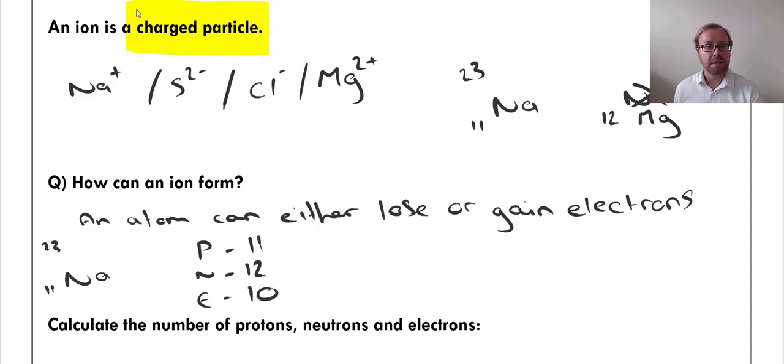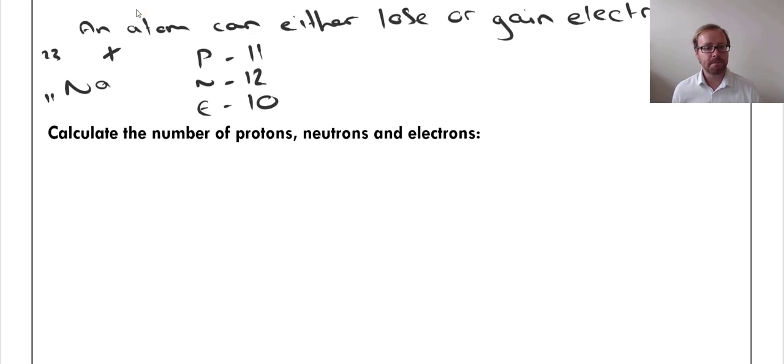Therefore I have 11 positive protons, 10 electrons, meaning I have an overall charge of +1. I hope that makes sense, because now it's your turn.